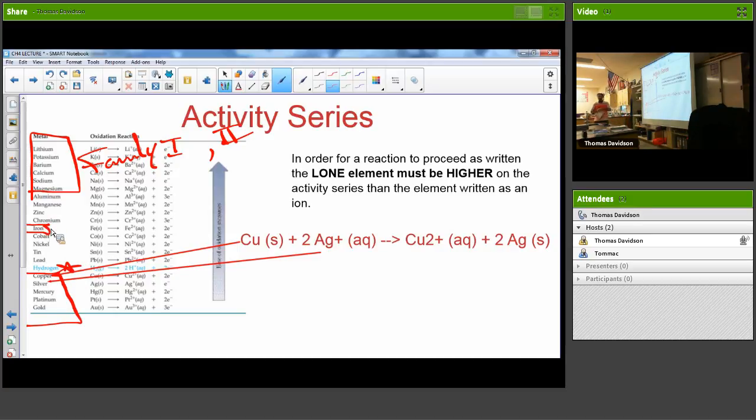If you know those things, you should be just fine. Most of the time, if they ask you this, they'll give you something on the test. All right, that's the activity series. That is how we know if a displacement reaction as written will happen.